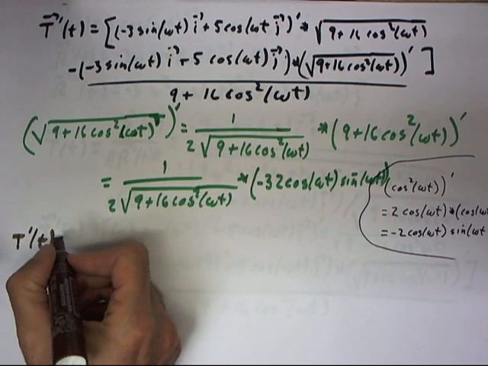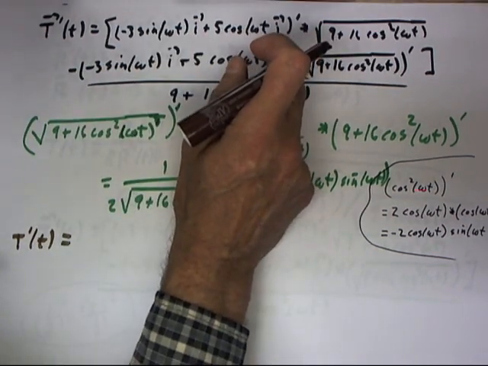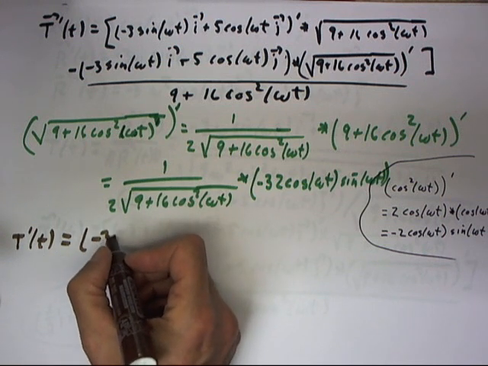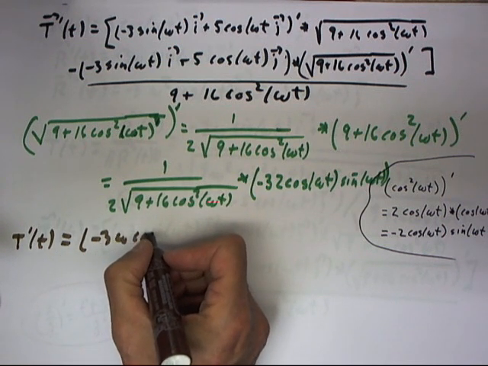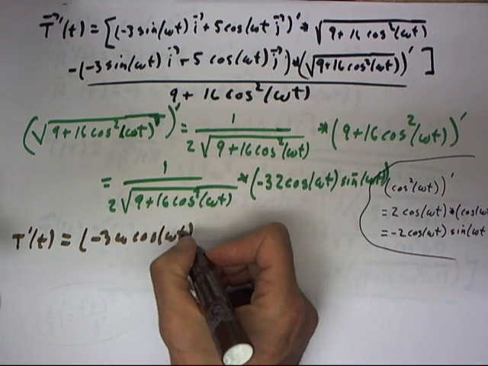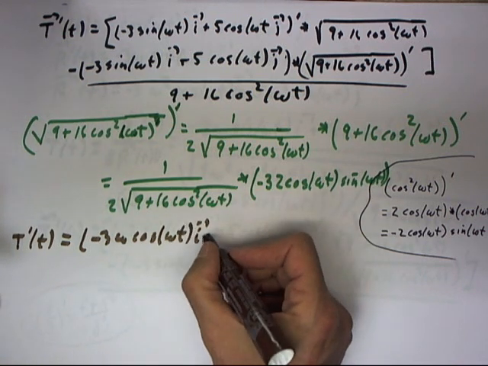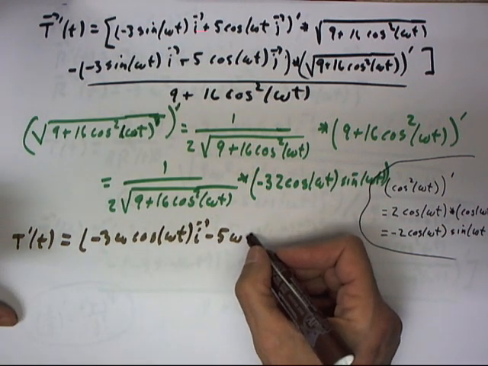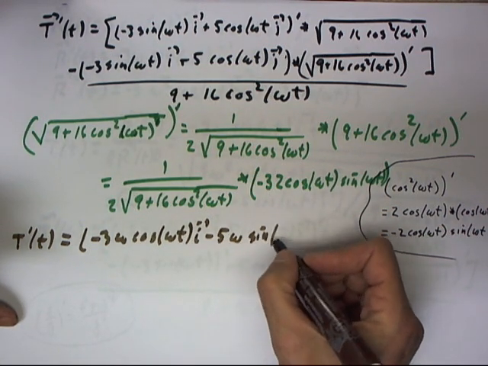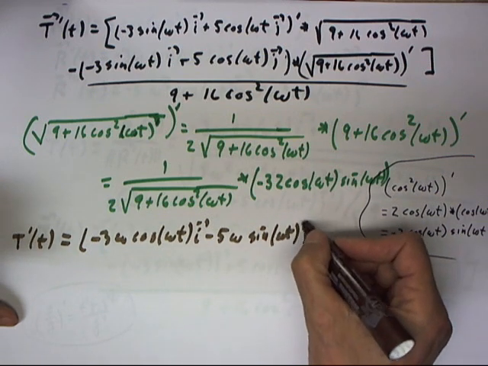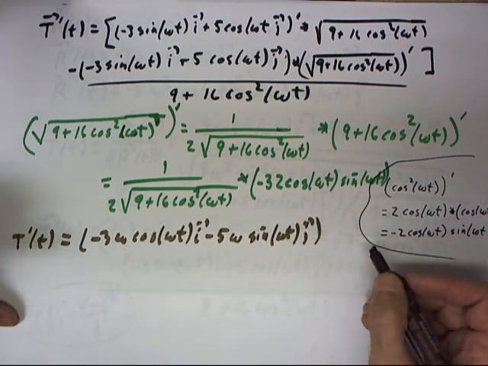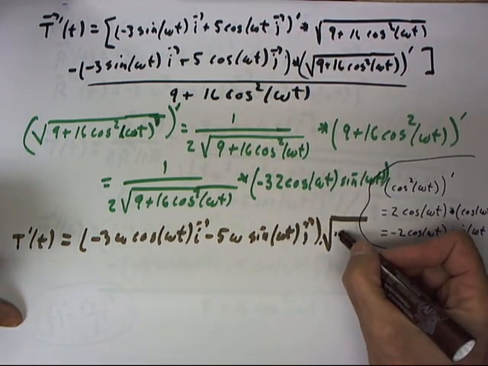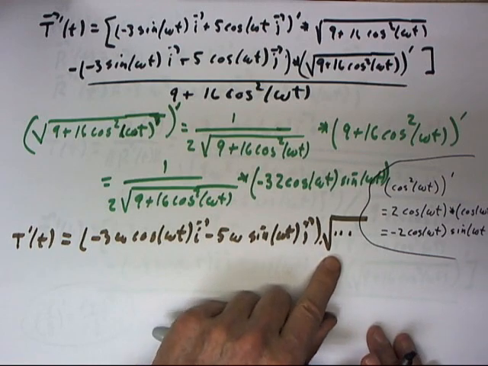T prime of t is what? The derivative of this, which is negative 3 omega cosine of omega t I minus 5 omega times the sine of omega t j, multiplied by this square root, and I'm not going to write out the details of the square root.